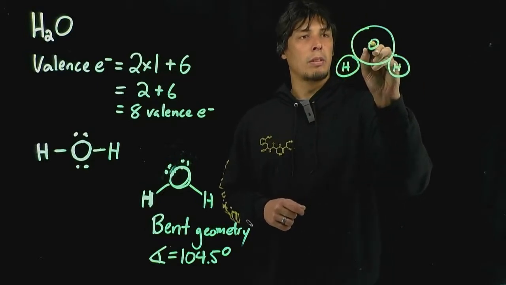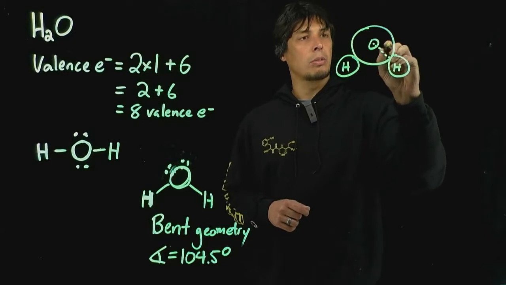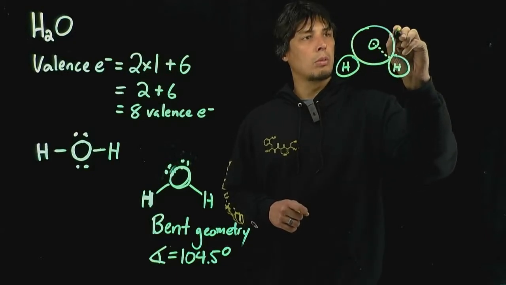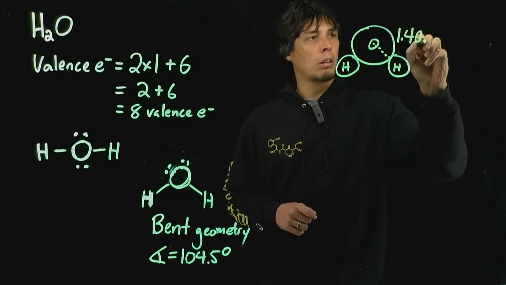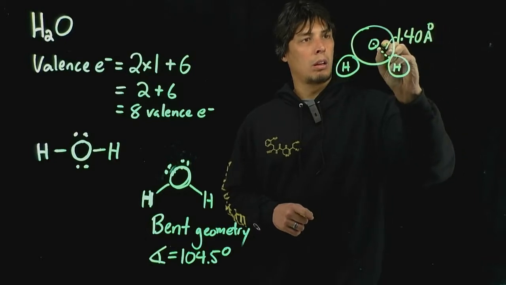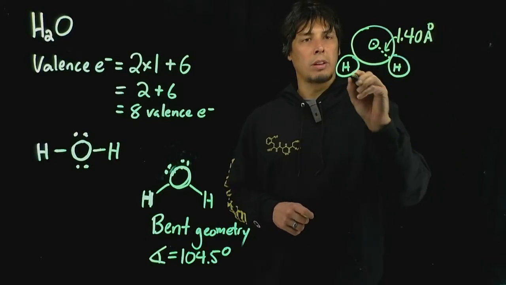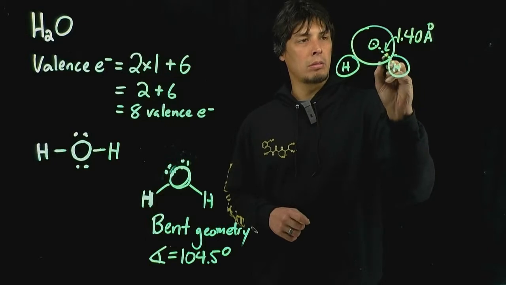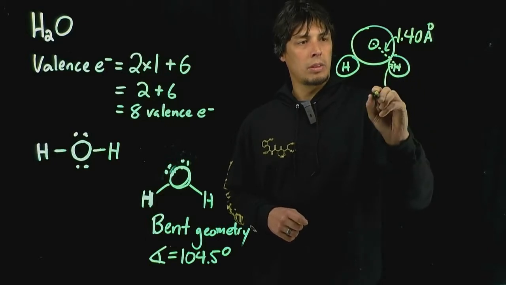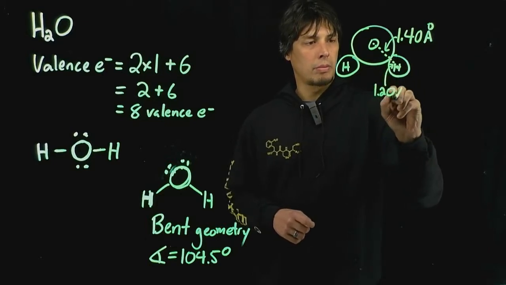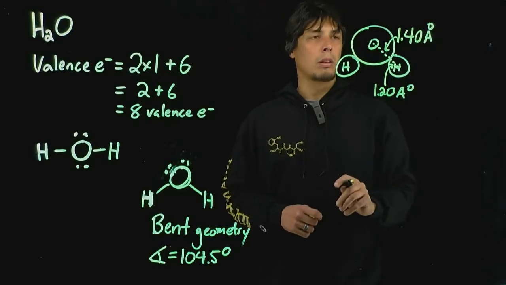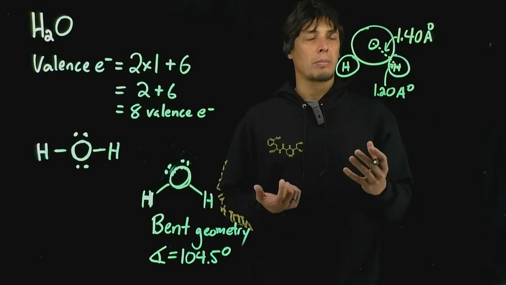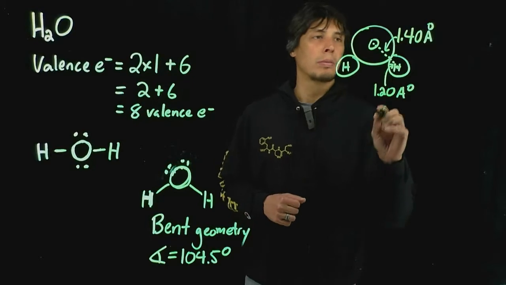The van der Waals radius for oxygen is 1.4 angstroms, and the van der Waals radius for hydrogen is 1.2 angstroms.